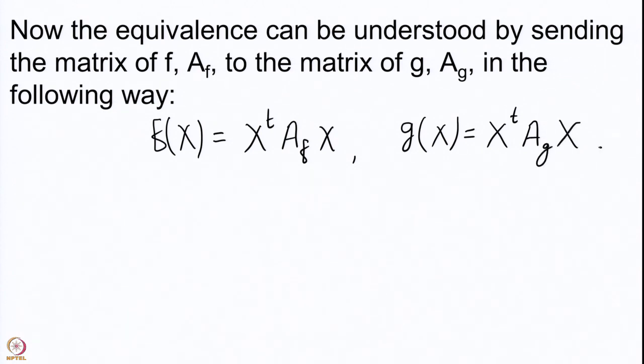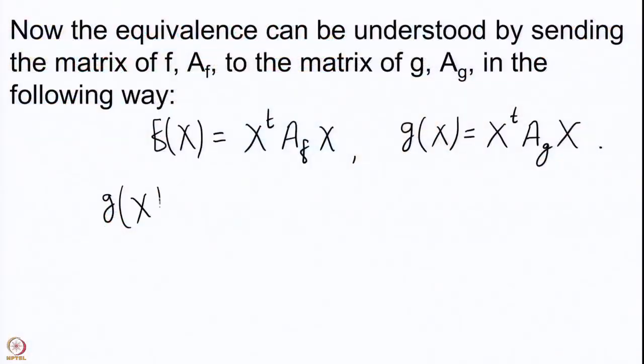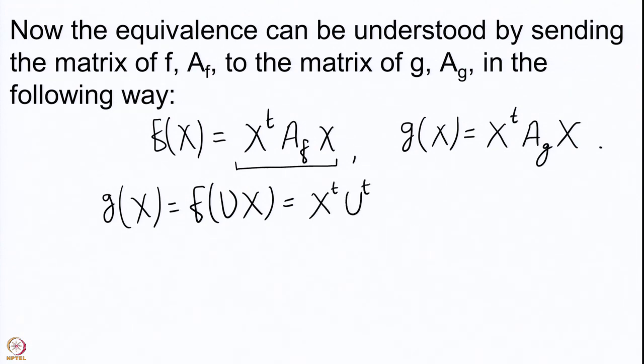These are the definitions of the matrices AF and AG, and now we are going to get these values that G capital X is nothing but f of ux, and so this is obtained by this formula. So, we are going to apply the formula to ux.